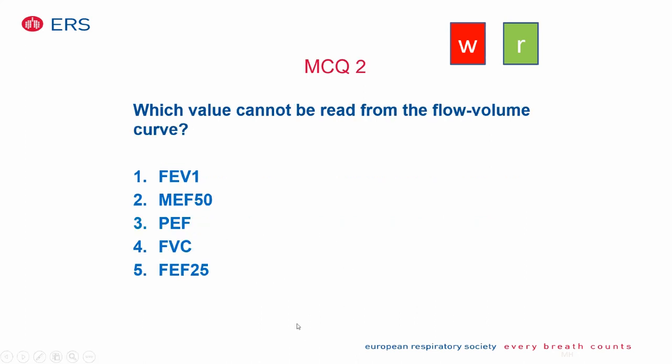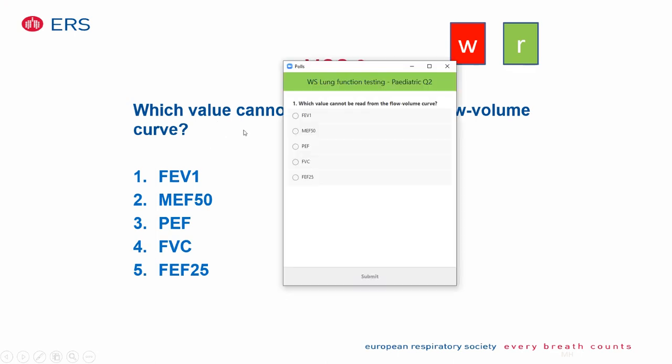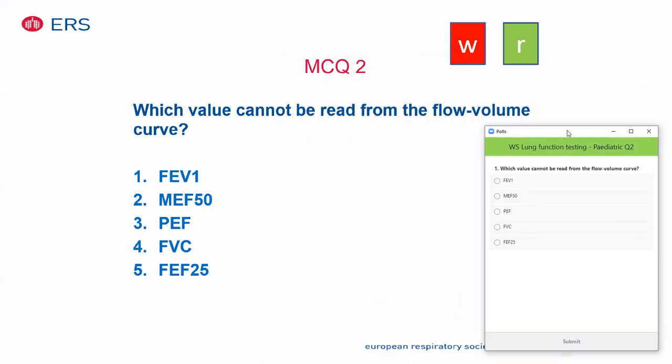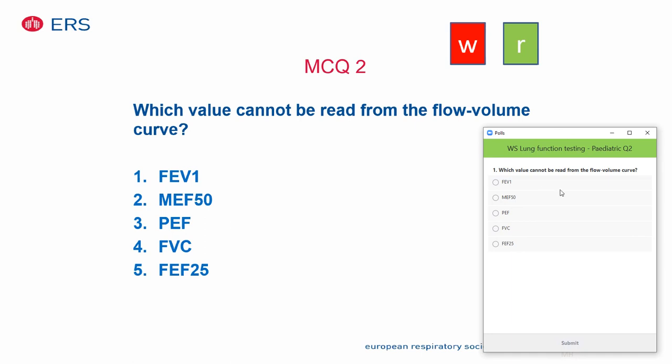Then the next one was a bit difficult during the last slot of the workshop. Which value cannot be read from the flow volume curve? And before you answer that, I would like you to think, what is the flow volume curve? It is the curve with volume on the x-axis and flow on the y-axis.